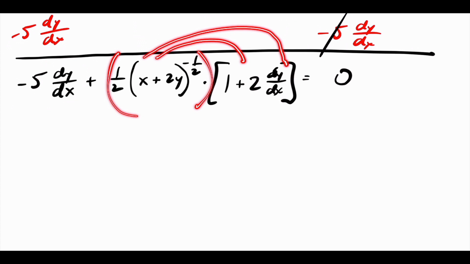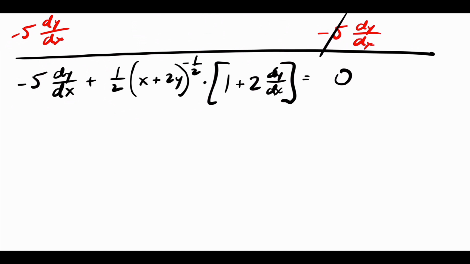That'll get rid of most of the parentheses. So negative 5 dy/dx plus, when I distribute it to the 1, it's going to stay the same, because anything times 1 doesn't change.